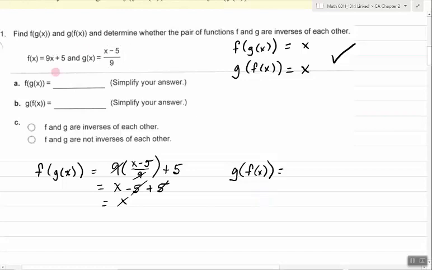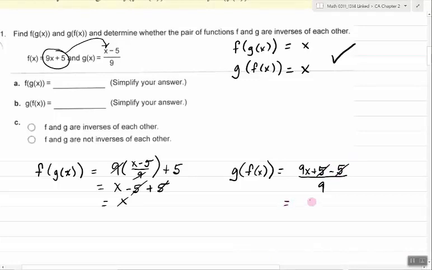All right, this time I'm going to take the f function and put it into the g. F goes into g. So I will have as a numerator 9x plus 5, that's in the place of x, minus 5 over 9. I can simplify first in the numerator. The 5's cancel out.